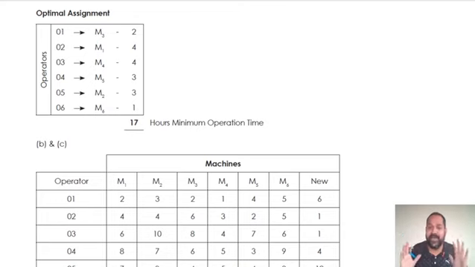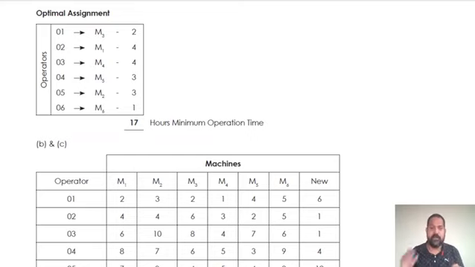Whoever goes to the dummy should be replaced by the new machine. So you don't have to decide which machine to remove. You will find a new assignment with the new machine by adding a dummy operator. If one of the real operators gets the new machine, then one of the old machines will go to the dummy operator. Whoever goes to the dummy, remove it because that machine is not as good as the new machine, and put the new machine there.